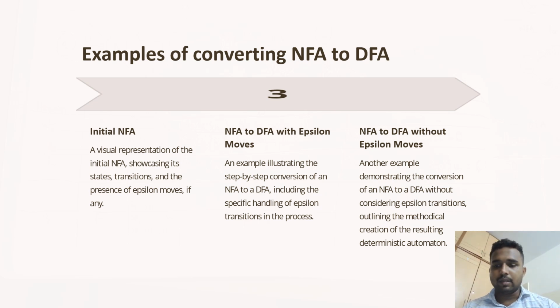NFA to DFA without epsilon moves: another example demonstrating the conversion of an NFA to a DFA without considering epsilon transitions, outlining the methodical creation of the resulting deterministic automaton.